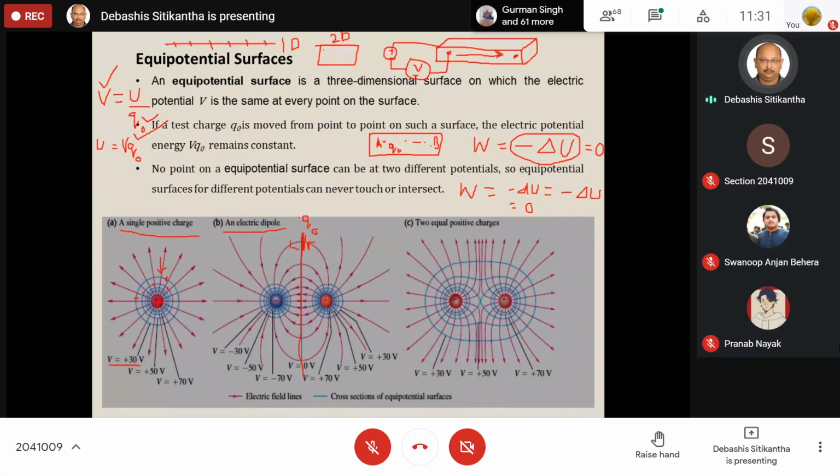At this point, the electric potential will be plus Q by 4 pi epsilon 0 R, where R is the distance from this charge. Similarly, for the negative charge, it is going to be minus Q by 4 pi epsilon 0 R, because this is symmetrical.